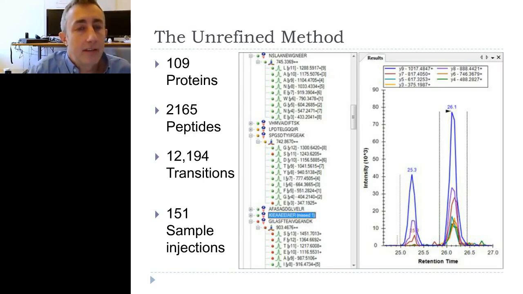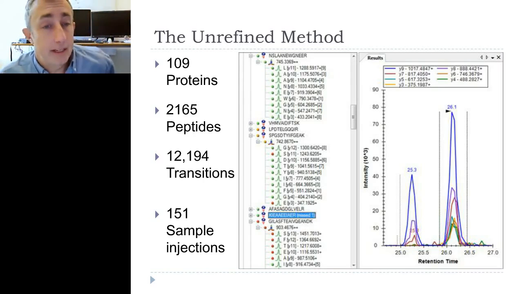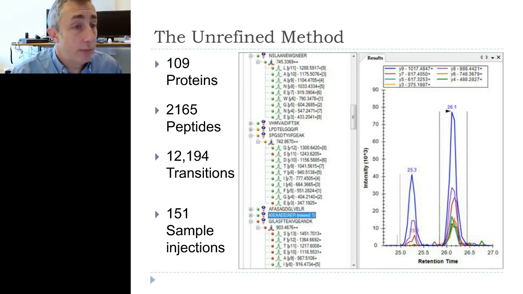So the idea is, instead of trying to predict which peptides and fragment ions would give the best signals for an individual protein, we were just going to empirically measure all of them. It only needed to be done once, and it only took about 7 days of instrument time. Considering the cost, expense and time of making a monoclonal antibody, it's substantially cheaper and faster.